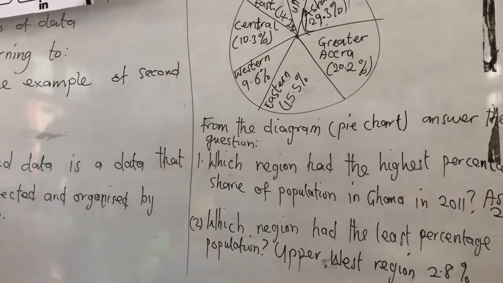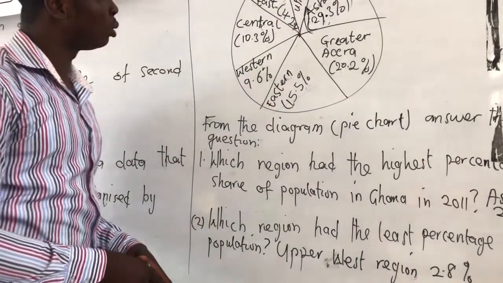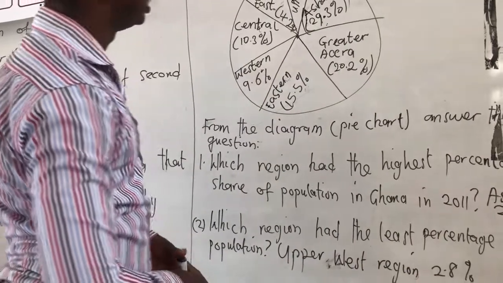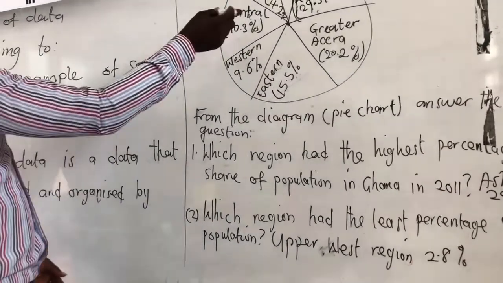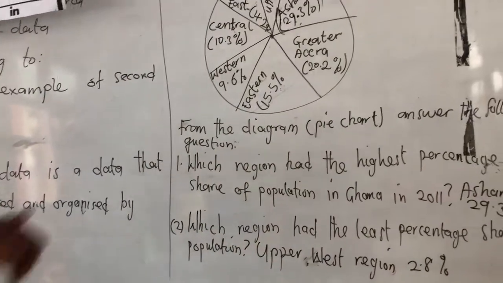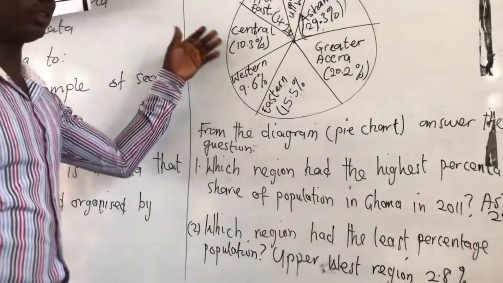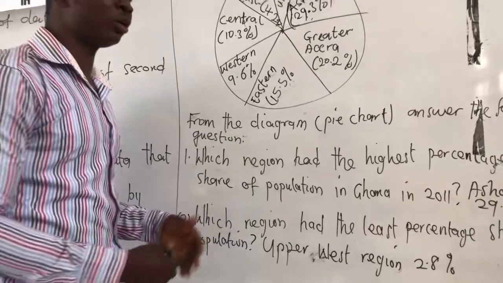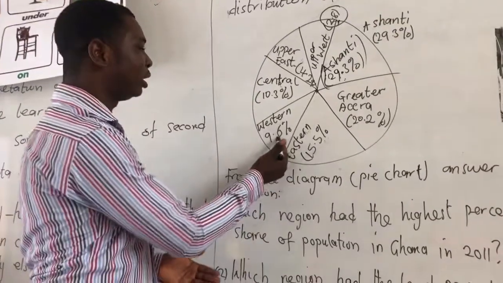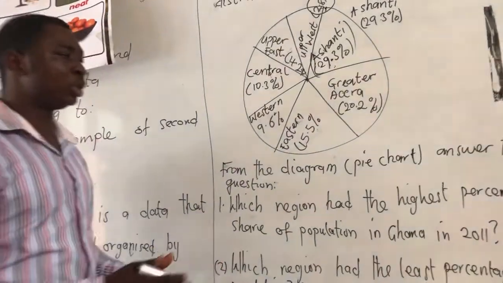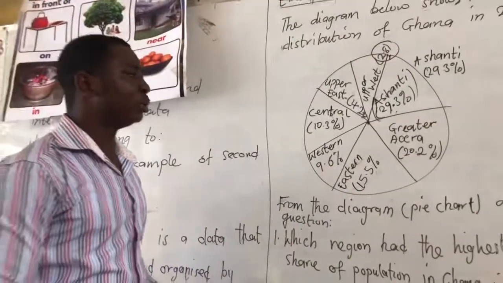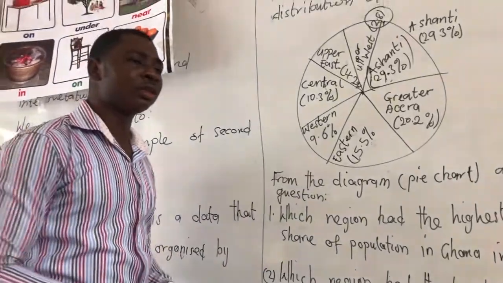I can also ask you, what was the percentage of the distribution of the population in the Western region?